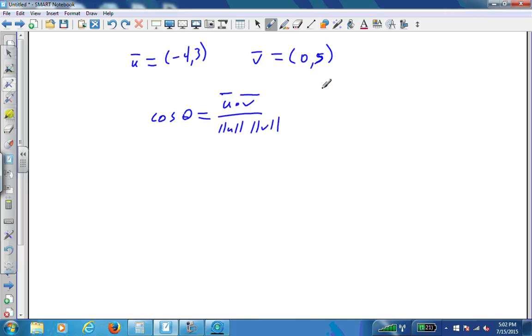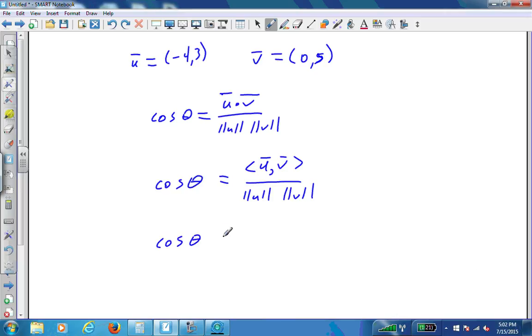Well, the same thing applies whether it's a dot product or whatever, on an inner product space. So we take the inner product of u and v divided by the norm of u times the norm of v.